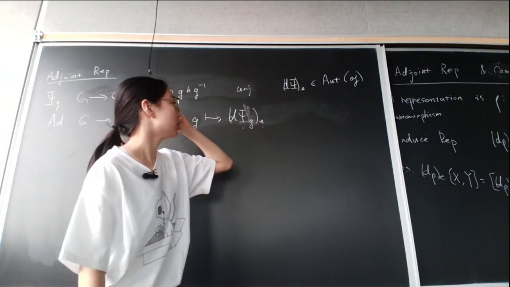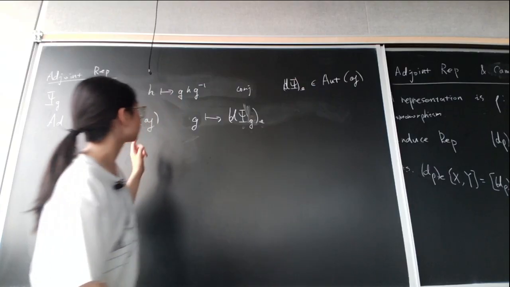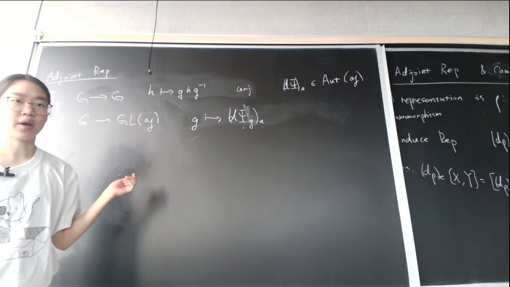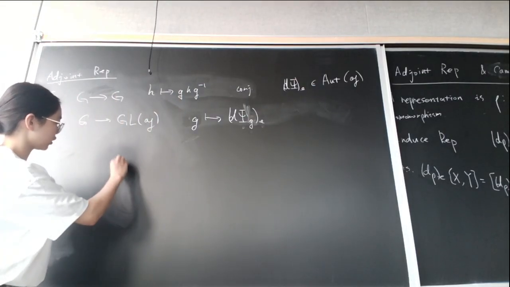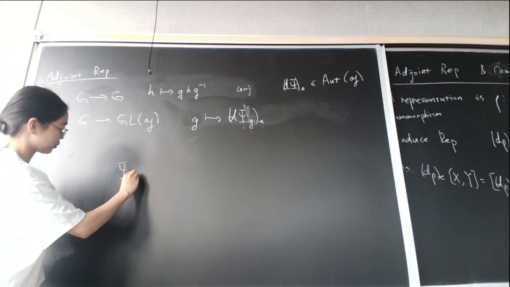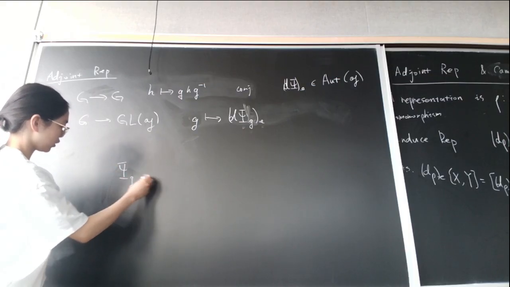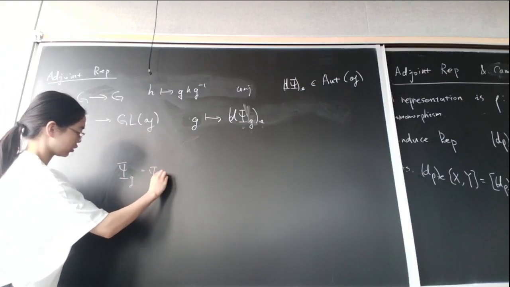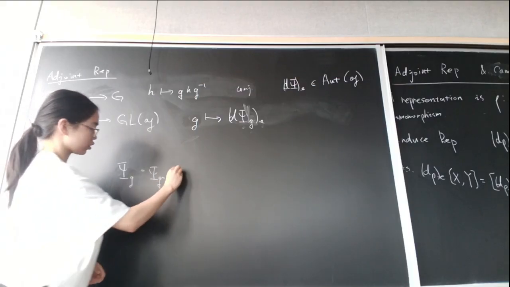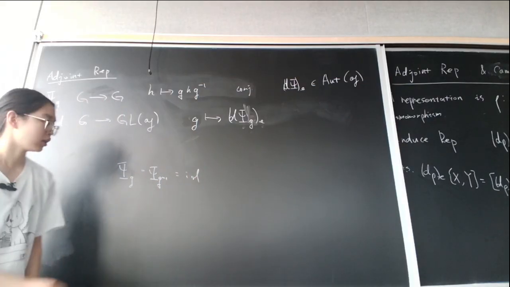the Lie algebra, but notice that you can conjugate by the inverse. Let's say I have this composed with conjugation by G inverse is equal to identity.